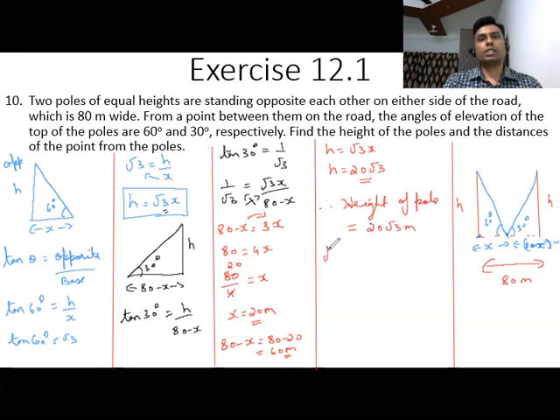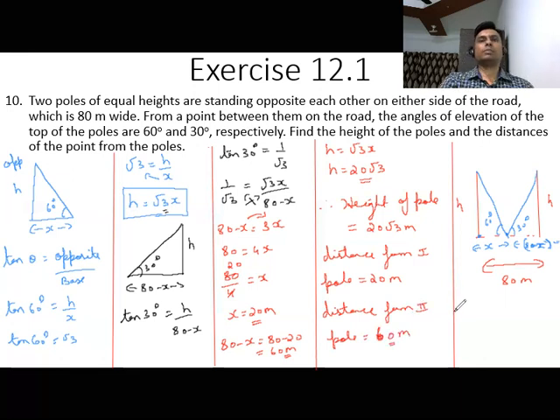Then distance from first pole: what is the distance from first pole? 20 meters. Then distance from second pole: 60 meters. 80 minus 20, 60 meters.